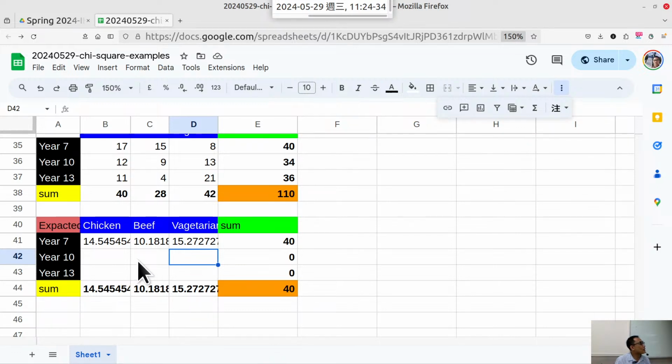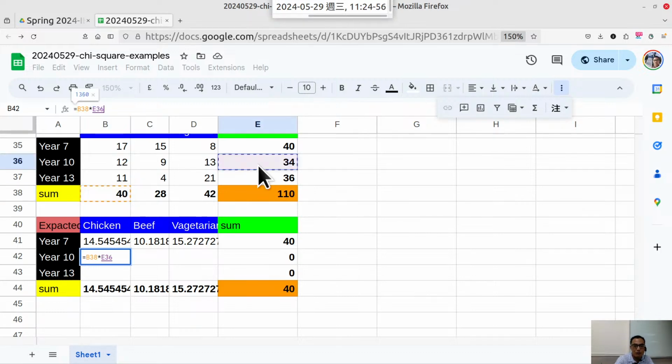Sure, you can do that for 9 times. And later the video will tell you how to do that easily. And for the year of 10, click equal. That is a chicken 40, year of 10 times 34 and divided by 110 and enter.